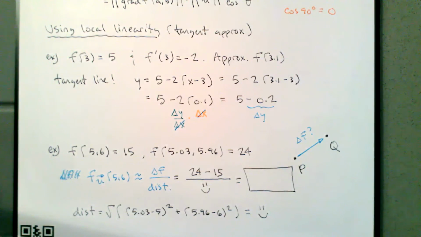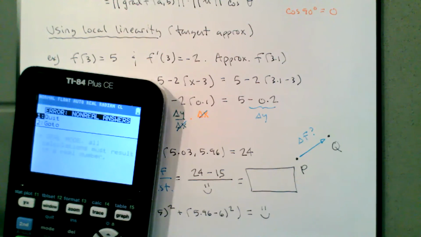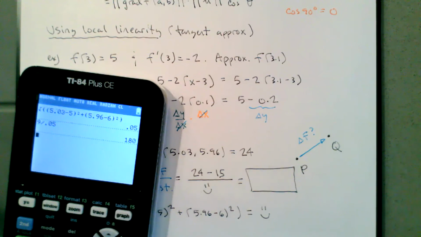This will be some exciting YouTubes. Oh, minus. And then 24 minus 15 is 9. So this delivered me a 180, and that's what my problem wanted. It wanted 180.